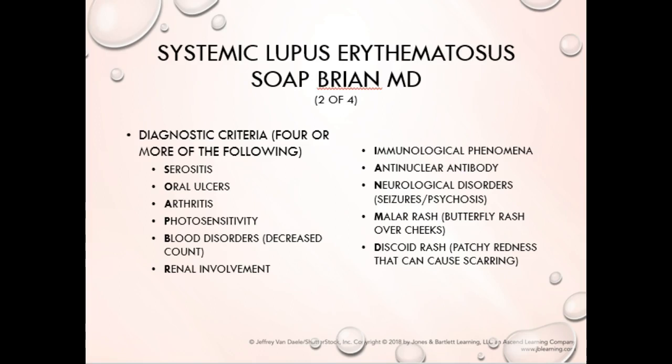Renal involvement. Those autoantigen complexes can actually deposit into the kidneys, which can decrease kidney function. Immunological phenomena, decreased white blood cells is what they mean by that.